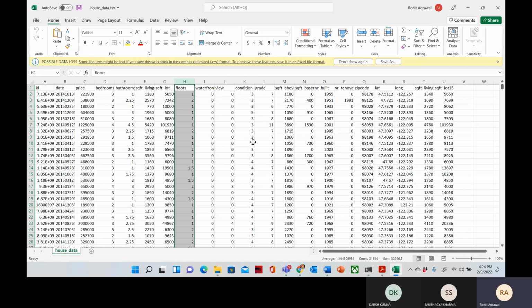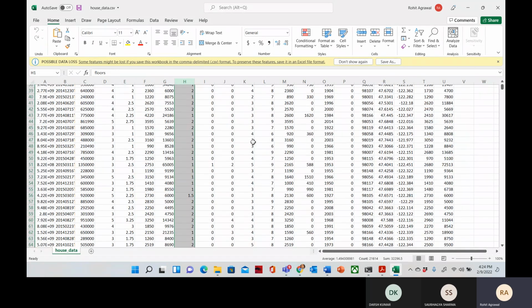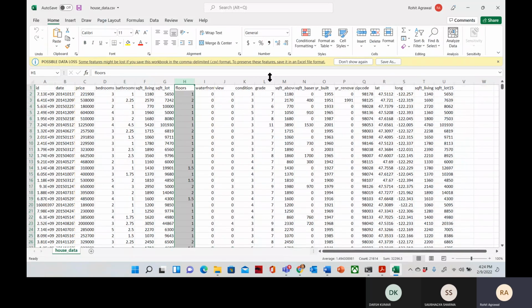We give some marks for the condition, maybe from 1 to 5, some grade, square feet above, square feet basement, year built, year of renovation, pin code, latitude, longitude. These data we have.